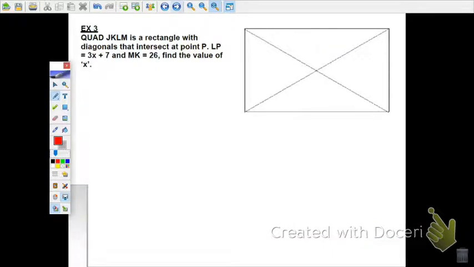Example 3 says quadrilateral JKLM is a rectangle with diagonals that intersect at point P. We know that LP is 3x plus 7, and MK is 26.